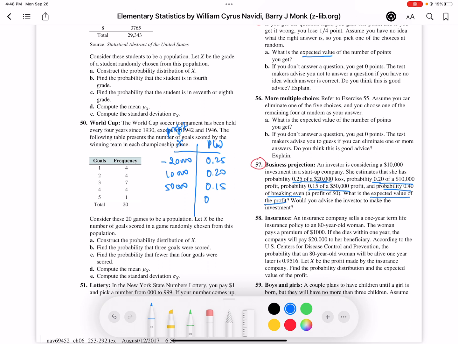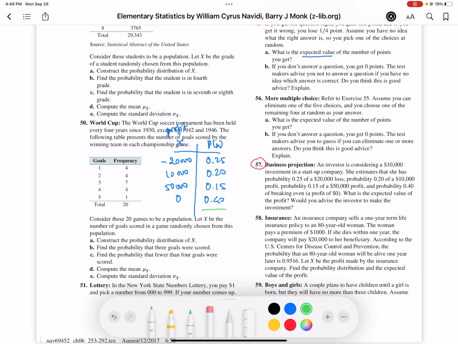So the probability is 0.40 for 0 profit. To check our answer, we can see if we add them up, and it's equal to 1. So then that is right.